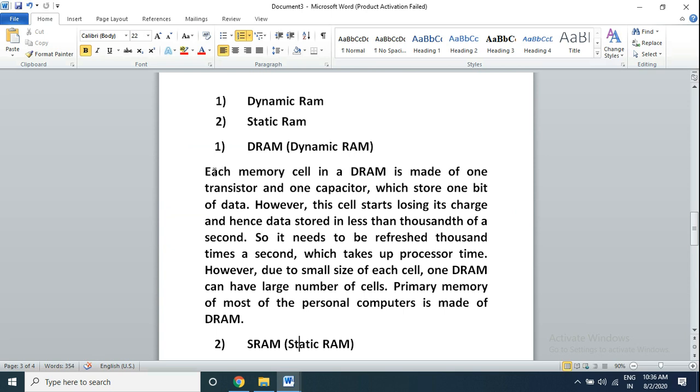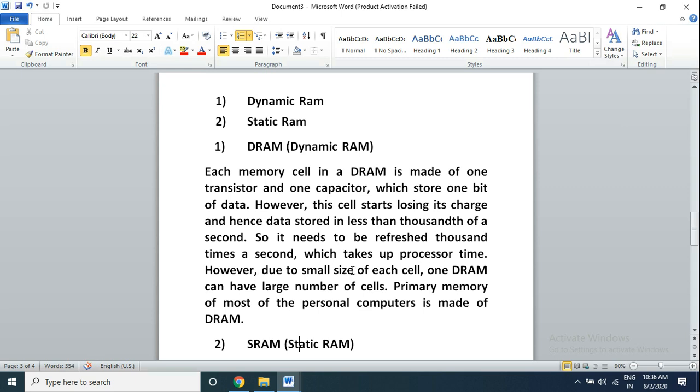In dynamic RAM, each memory cell is made of one transistor and one capacitor, which stores one bit of data. However, this cell starts losing its charge, and hence the data, in less than a thousandth of a second. So it needs to be refreshed thousands of times a second, which takes up processor time.